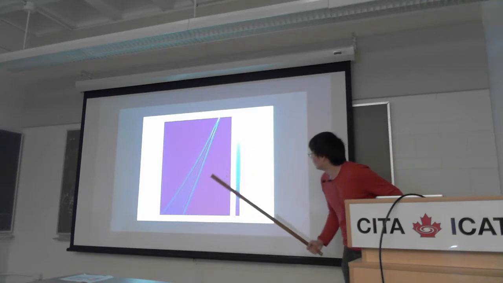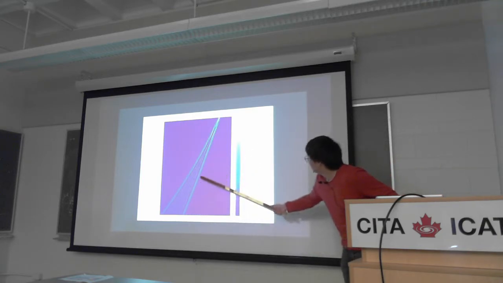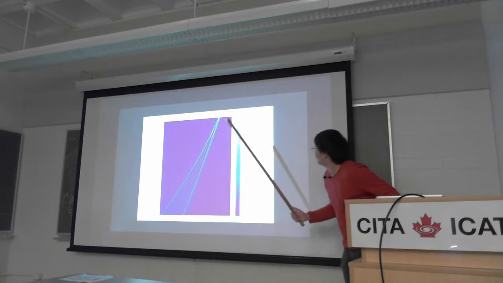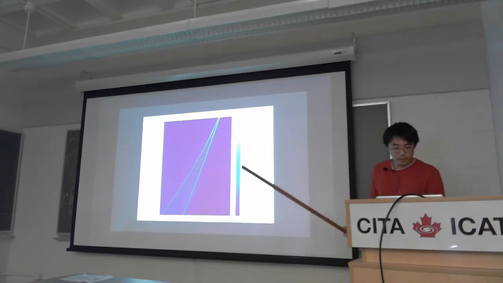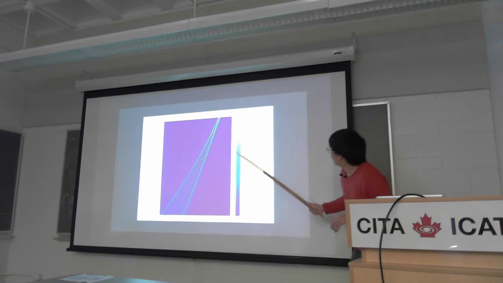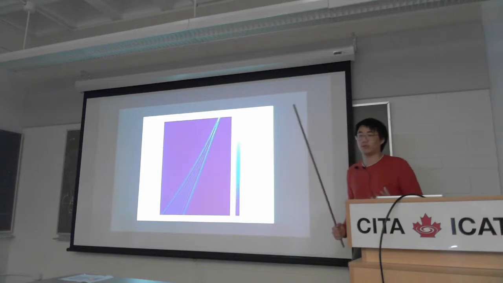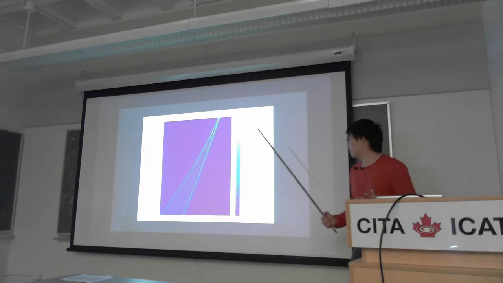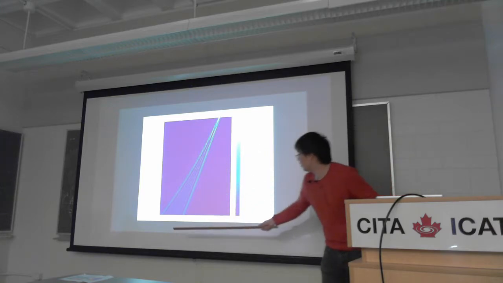Just zooming into one of the caustics, you see the interference pattern due to wave optics, and the maximum magnification we get is comparable to the maximum magnification we get in observations, which is about 70. But the time scale is very different.